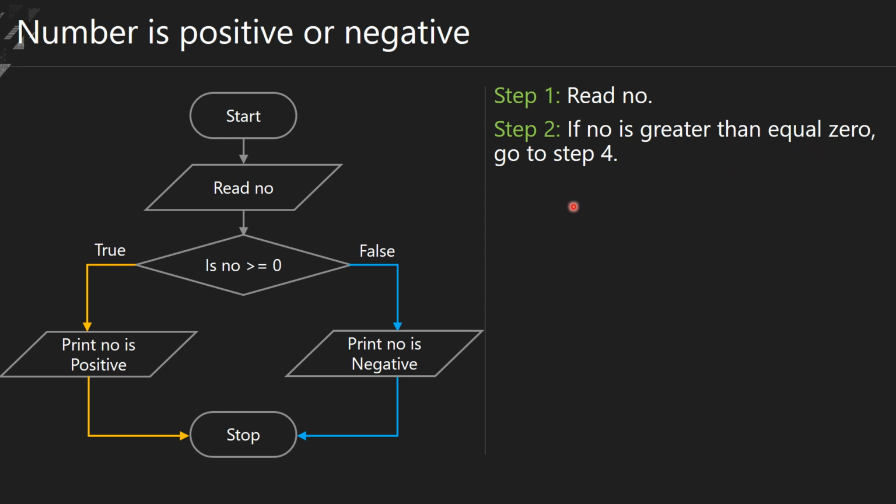Go to step 4. Step 4 is nothing but you have to print the positive number. Otherwise, it will print the negative number. Go to step 5. Step 5 is nothing but you have to stop.